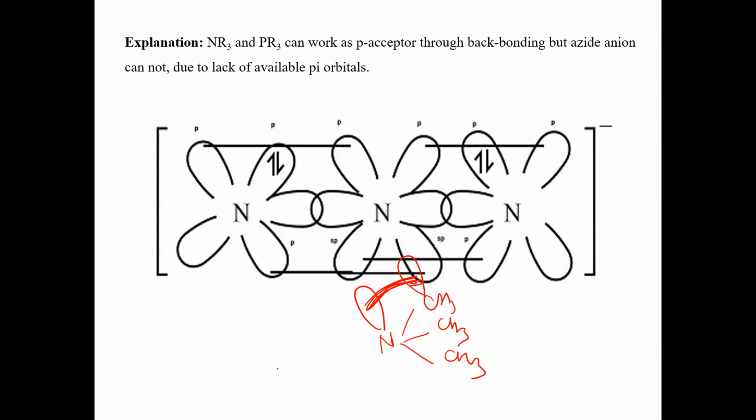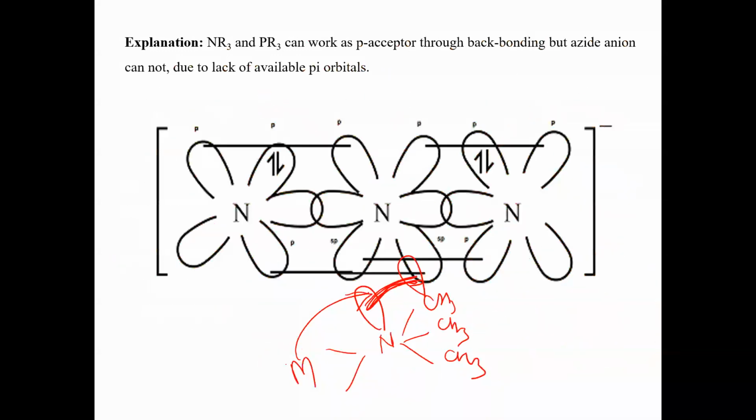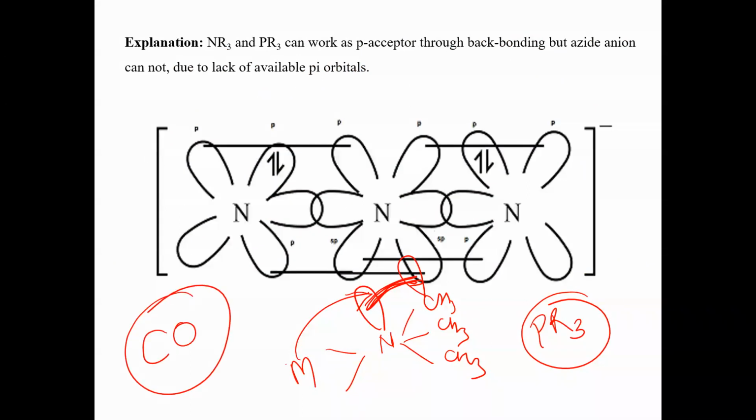So that's why the tendency of accepting the electrons from the metal is rising here, so the pi acceptance property is there. Same goes for this PR3. And CO, you already know, is a sigma donor, pi acceptor.